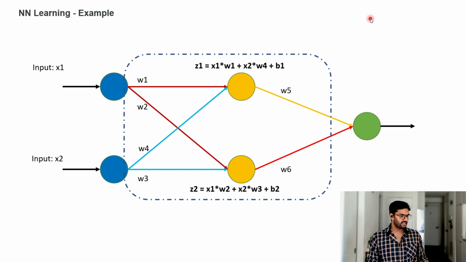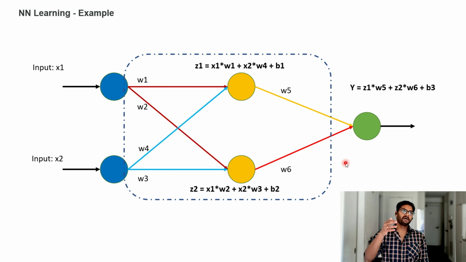Based on these X1 and X2 and weights, these middle neurons will calculate Z1 and Z2. And then finally, we will calculate our output, which will be Z1 multiplied by weight W5 and Z2 multiplied by weight W6. And then there's a bias B3, and you also see B1 and B2 here. These are just some random numbers, let's say bias, that we provide to each neuron.